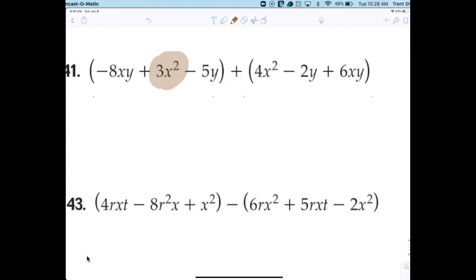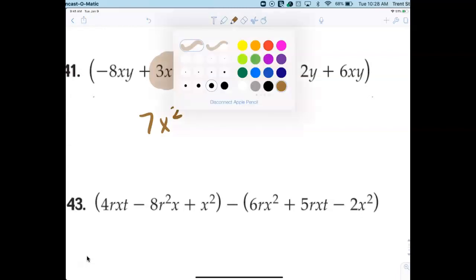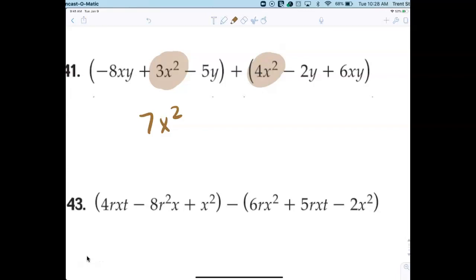So we're adding these. 7x squared minus 2xy. Then I'm going this and this. Minus 7y.